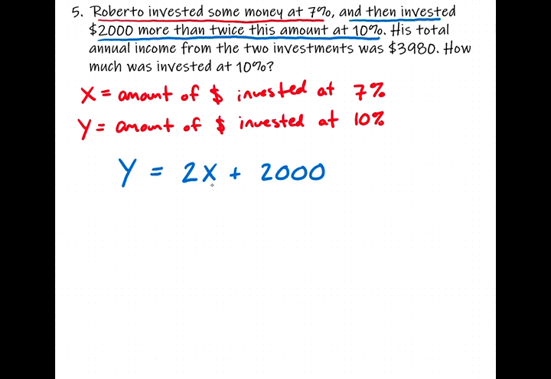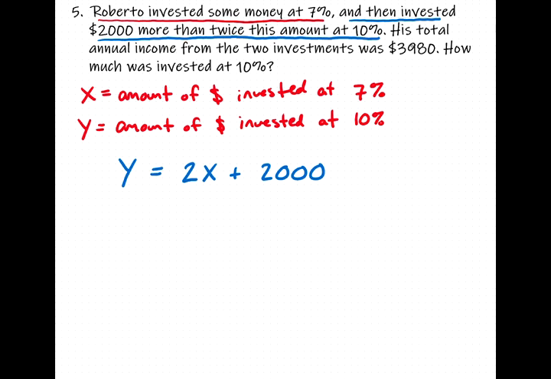All right, next. His total annual income from the two investments was $3,980. So if you take the money made from the first investment plus the money made from the second investment together, that gave him $3,980.